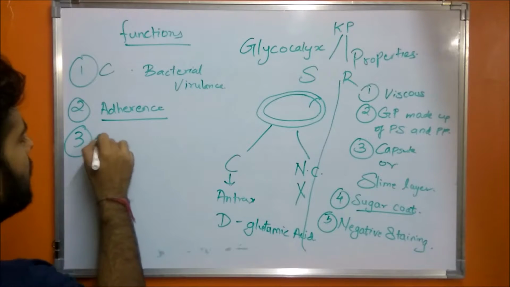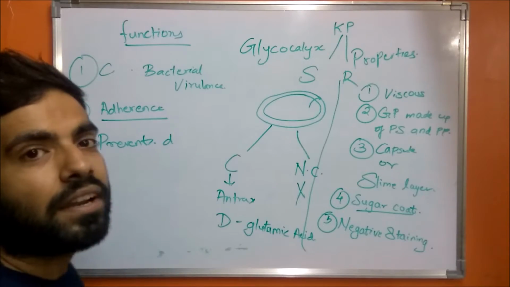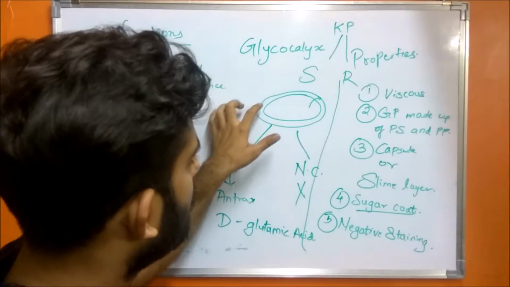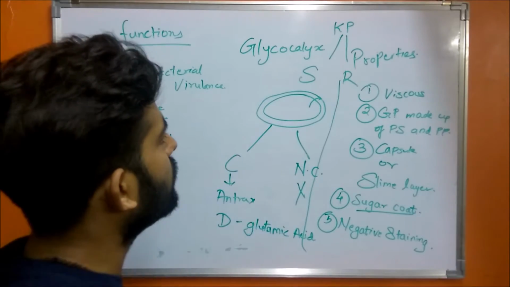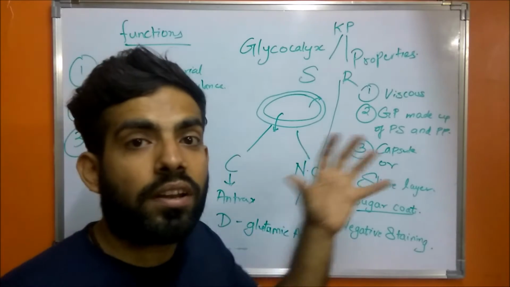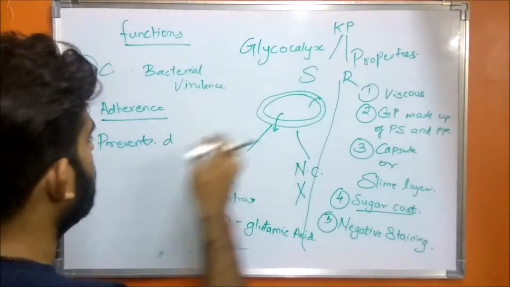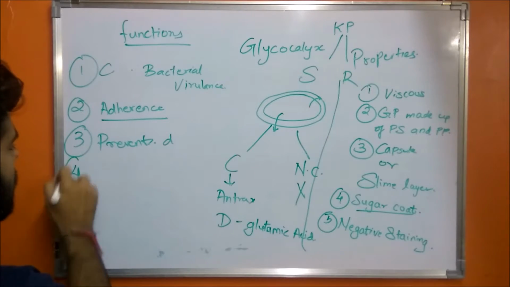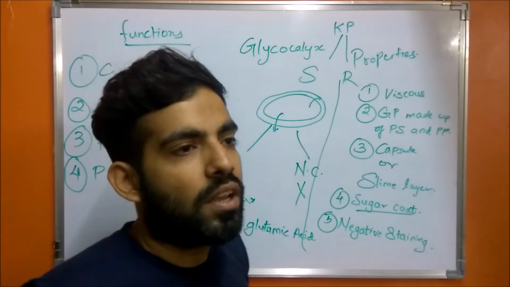Third one, it prevents dehydration. The viscous layer present on the surface of the cell wall does not allow the movement of water from inside to outside, thereby retaining the water content of the cell. Fourth one, it protects the cell from phagocytosis.